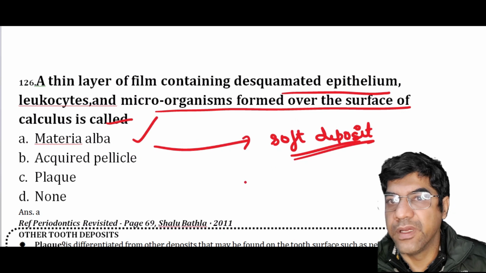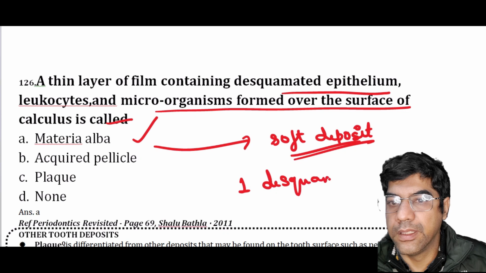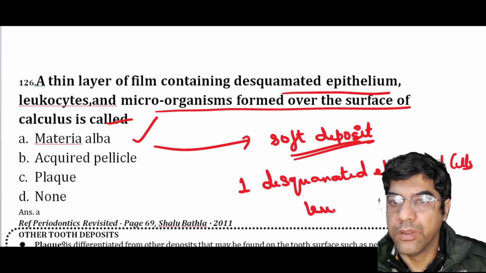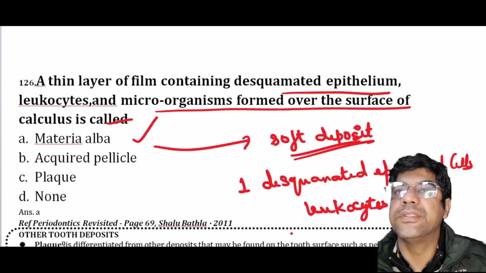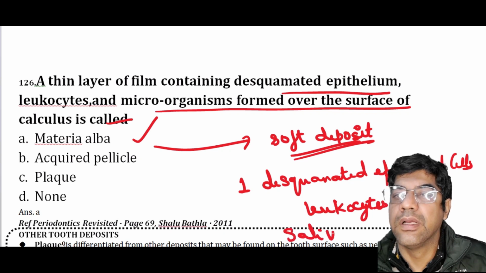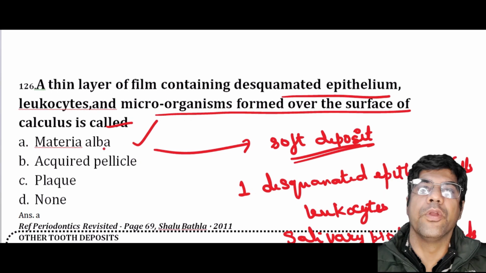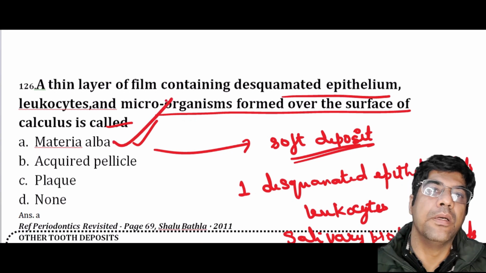It consists of, remember, desquamated epithelial cells, leukocytes, and mixture of salivary proteins and lipids. So your answer is materia alba.